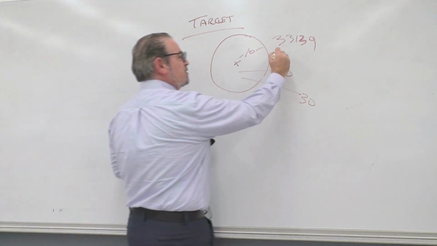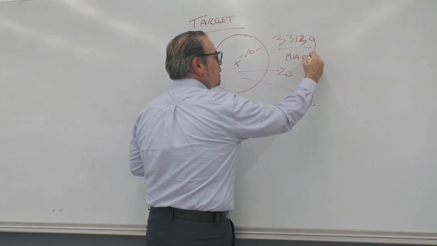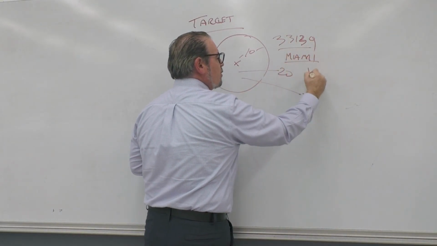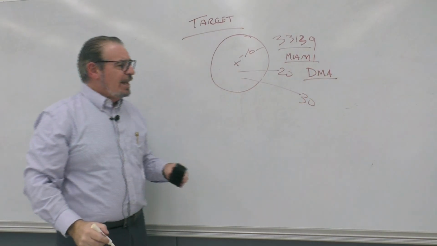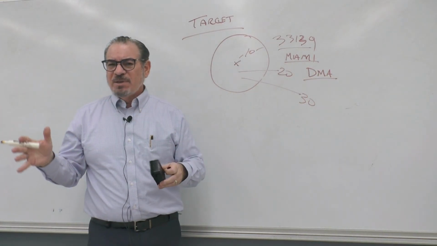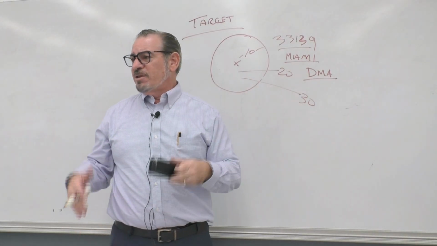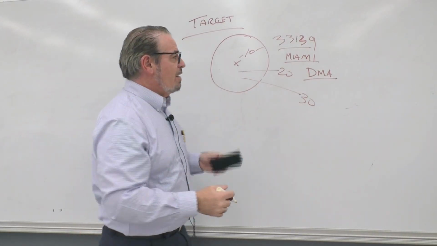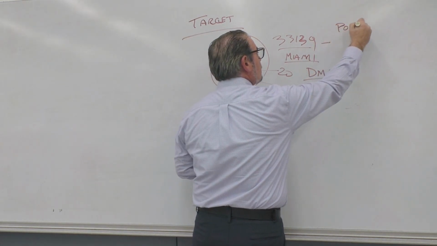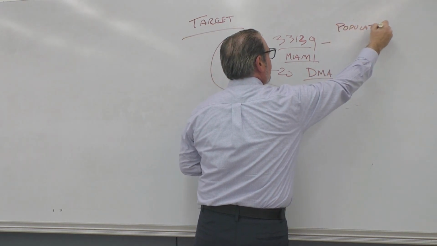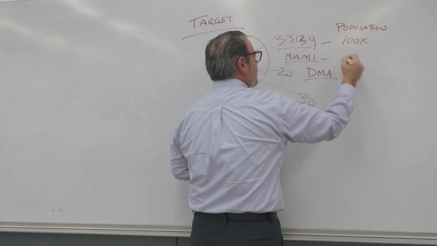You can use zip codes. You can use cities, right? You can use what they call DMAs, which are market areas, and that's a little bigger than a city. Like in this case, the DMA might be Miami and Fort Lauderdale. That could be a DMA. Now, every time you do that, your population will grow, right? So here would be 100K, and I'm just making up these numbers here.